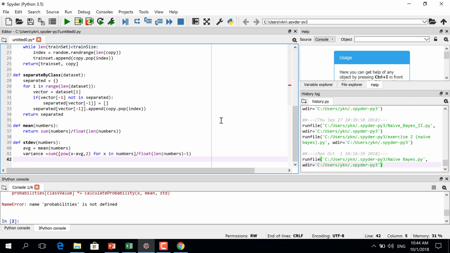So this is the equation for computing standard deviation. x minus the average of the values in such a column, then the square of x minus the average, and we sum those computations and divide by the number of data in such a column -1. That can be found in statistics books, and also on the internet.